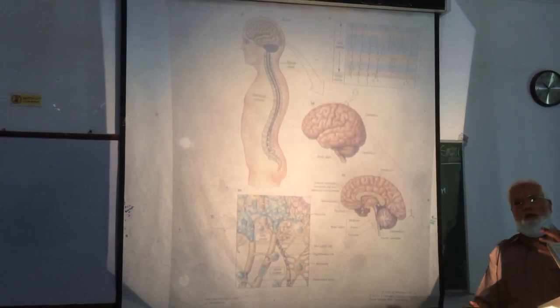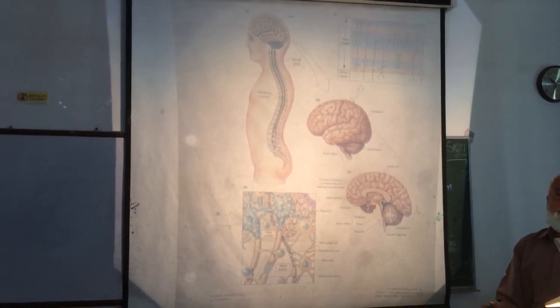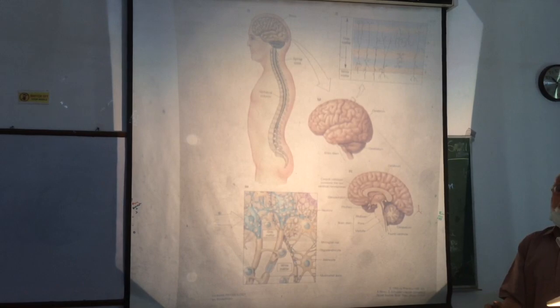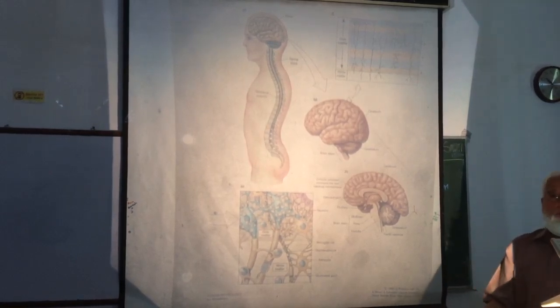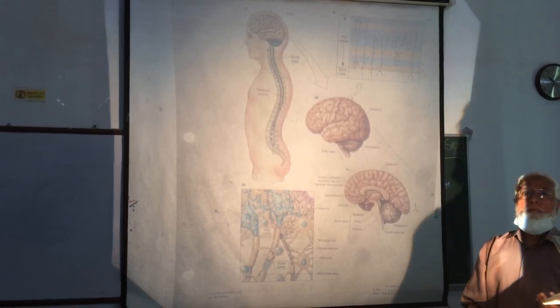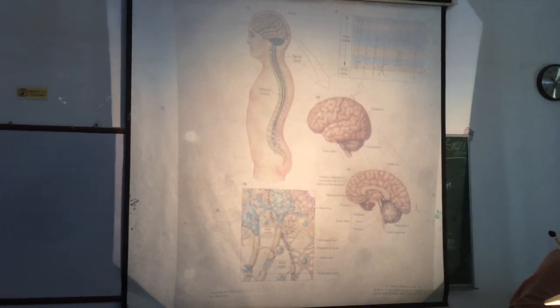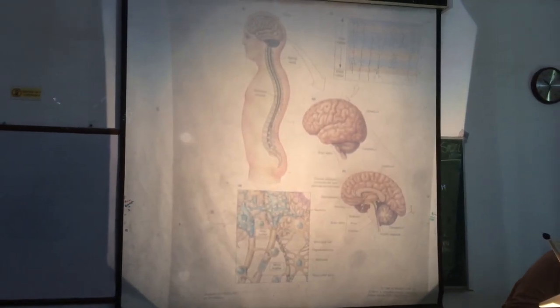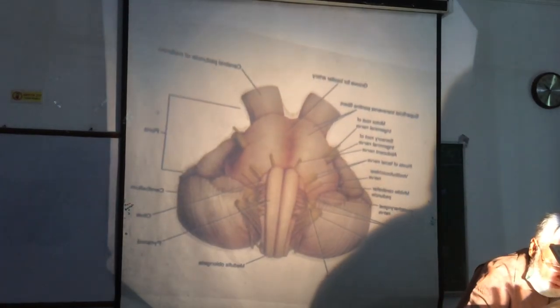Now, I will give you the basic structures of these parts of the brain and their main functions. First, the hindbrain. Medulla oblongata is conical in shape, and it contains the anterior median fissure.